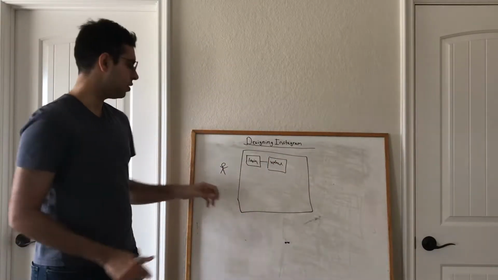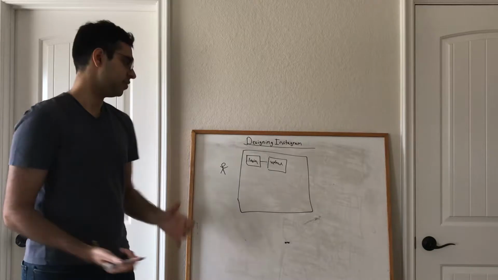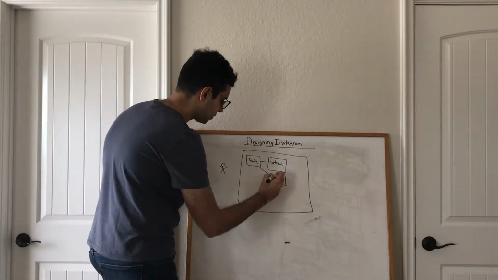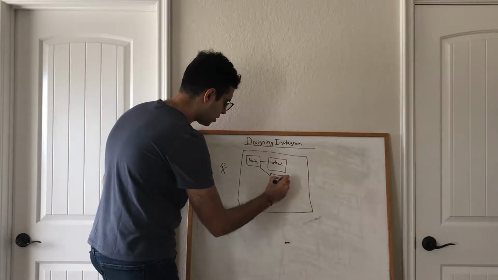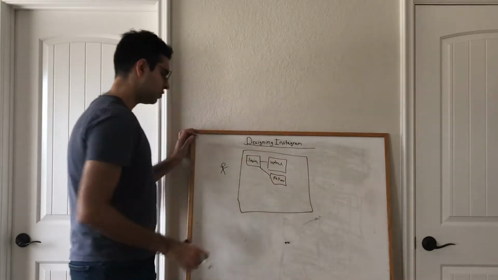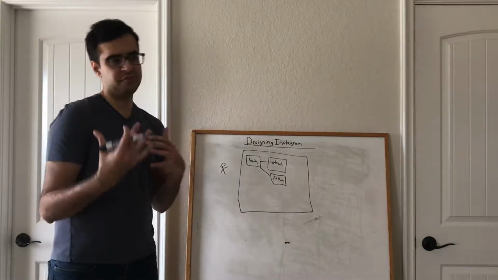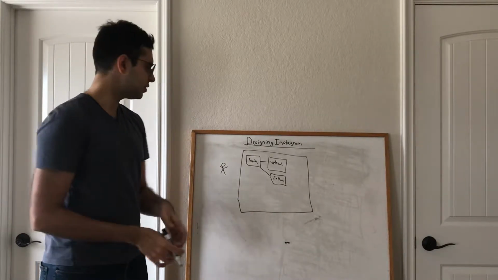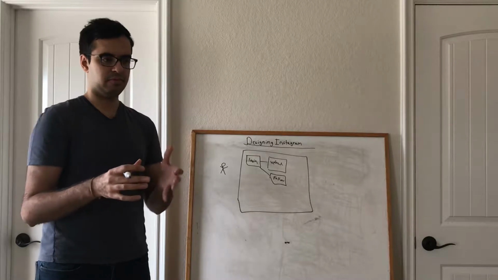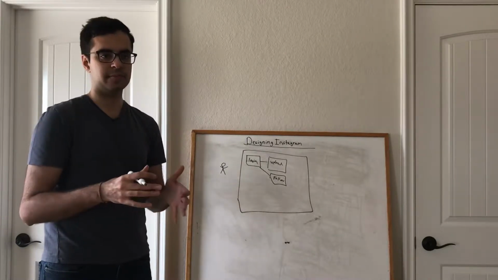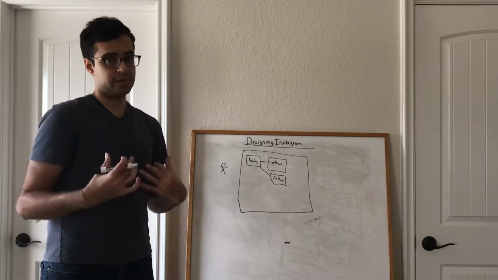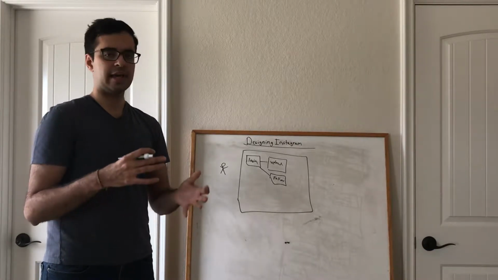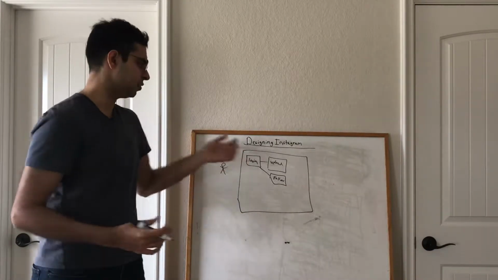Users will also have the ability to follow other users. So we will have following here. Users will have the ability to view pictures. So viewing comes in a few forms. One way we can categorize viewing is by viewing their own timeline, meaning pictures that this user has uploaded to Instagram.